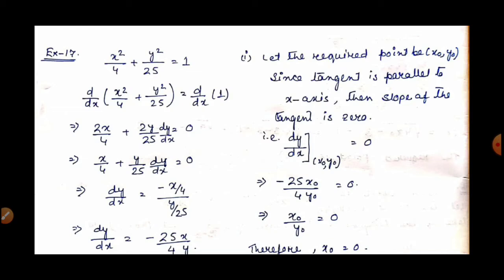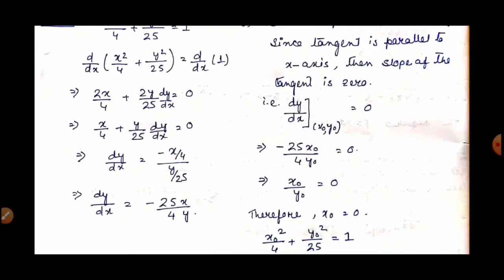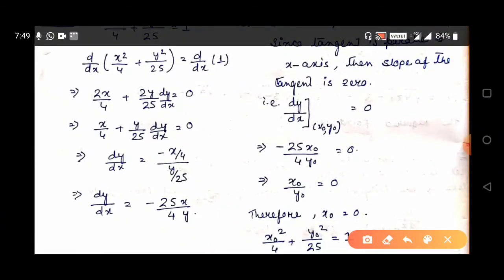We have to find the points at which the tangents are parallel to x-axis and parallel to y-axis. So for that, first of all we have to differentiate the given function. So by differentiating the given function, we will get dy by dx is equal to minus 25x by 4y.